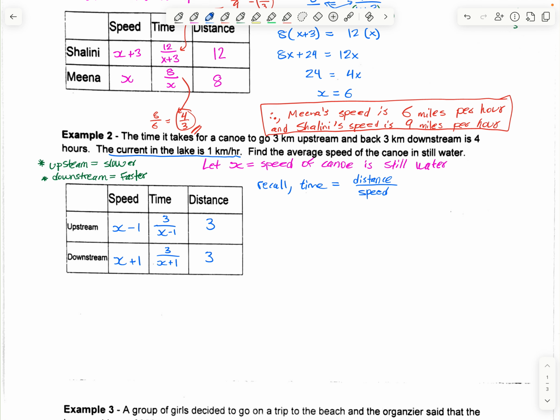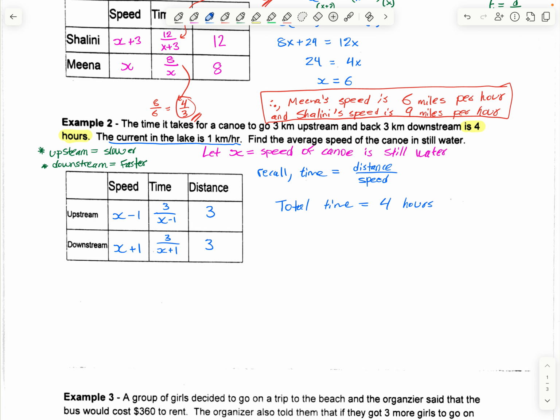But the problem says here, and this is the key part, the time is 4 hours. So total time equals 4 hours. So I use that to come up with the equation here.